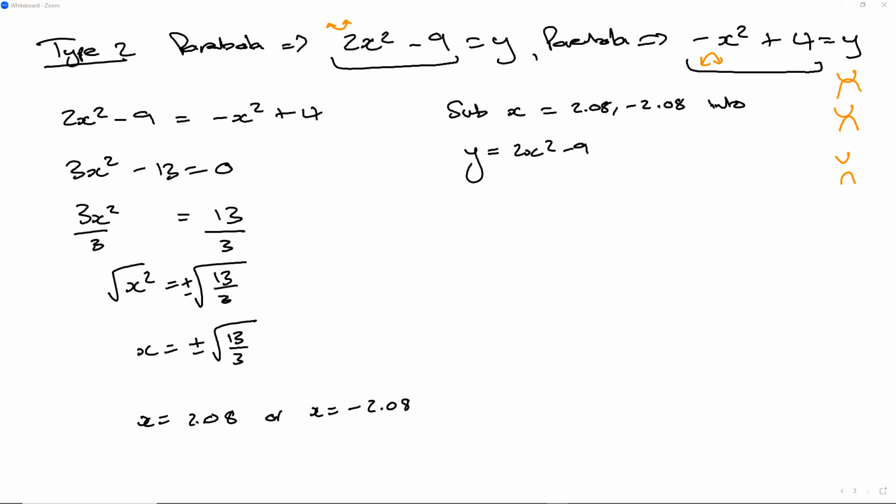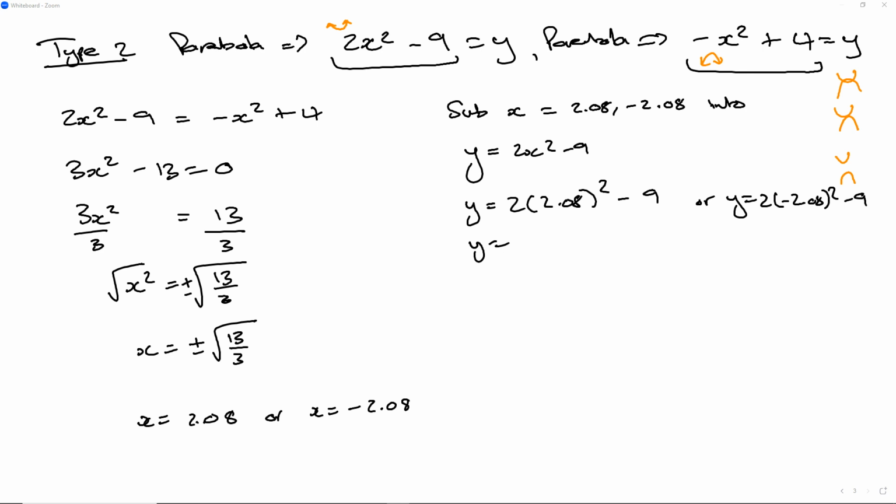So what we're going to end up with is y equals 2 times 2.08 squared minus 9, or y equals 2 times negative 2.08 squared minus 9 as well. And then we're done with the last part of this here.